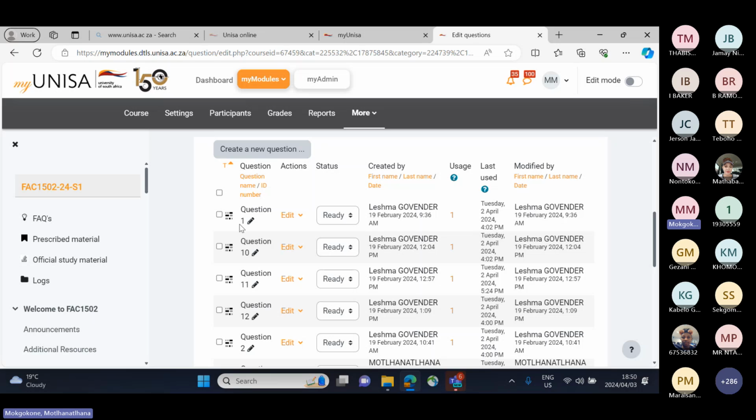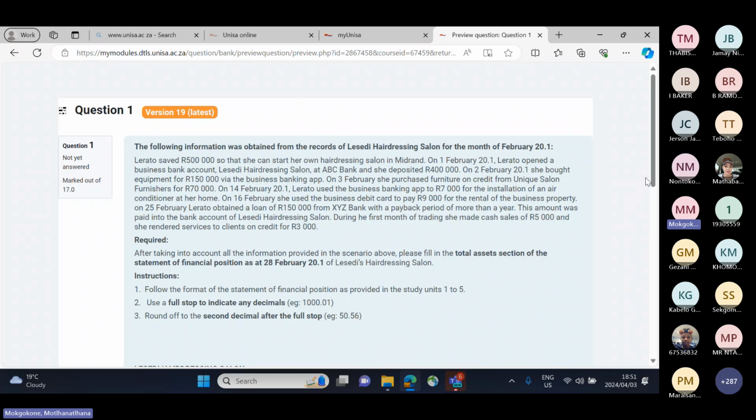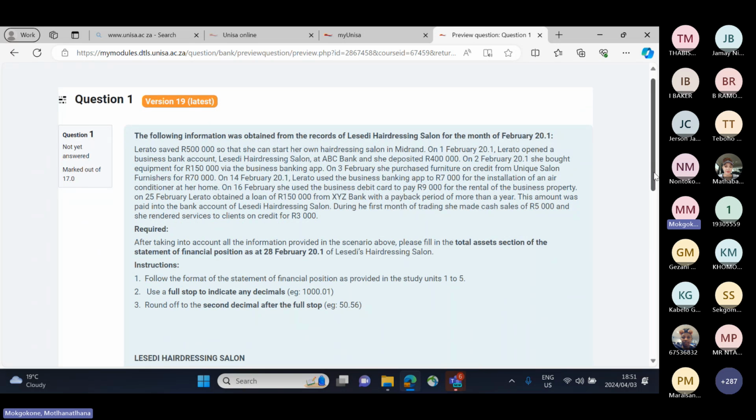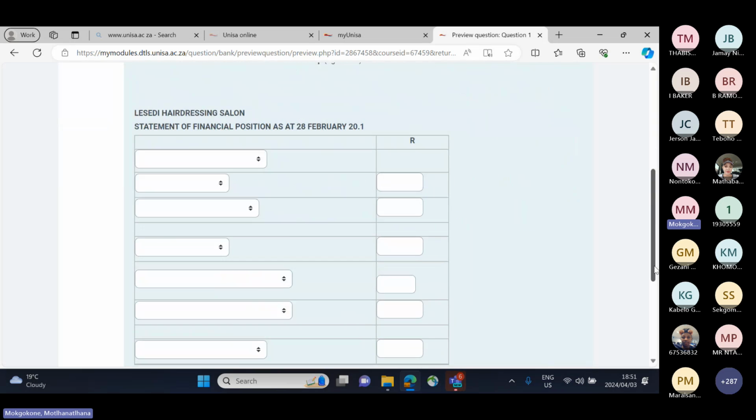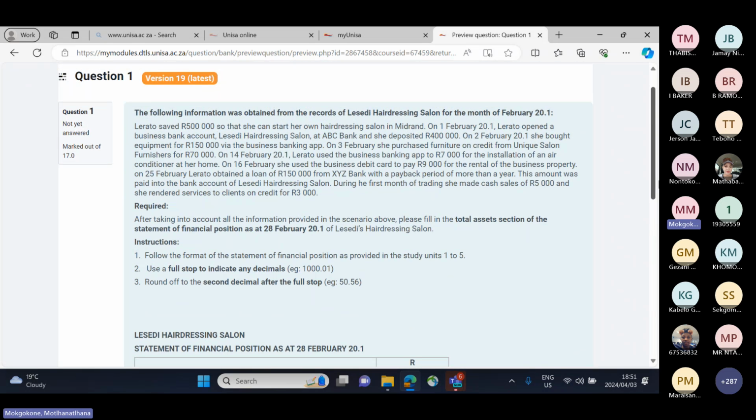Let's take question number one from here. Here you were given this question. Let's read the instruction first.